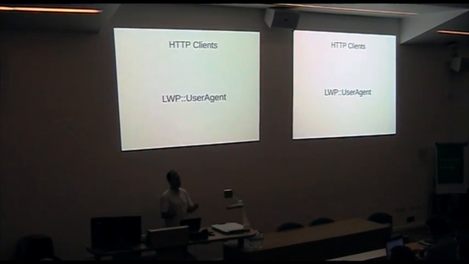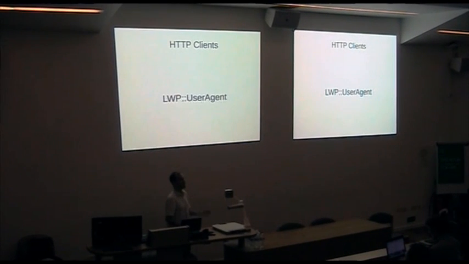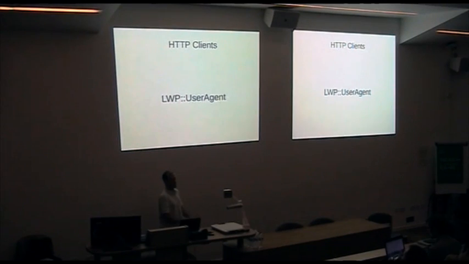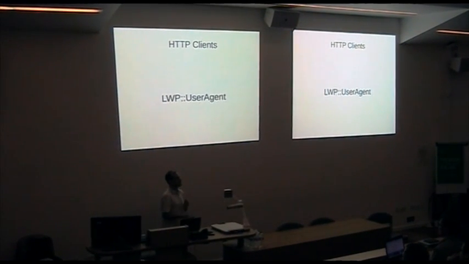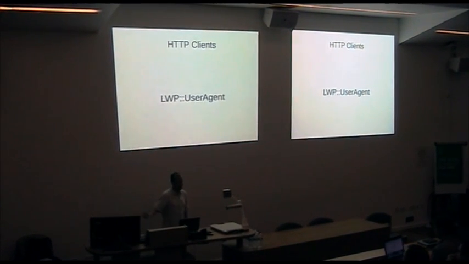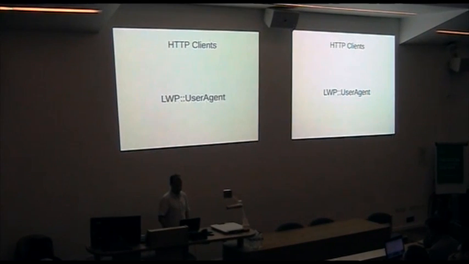But again, going back to the HTTP being the hypertext transfer protocol, LWP dates from the days when web services didn't exist. It was a hypertext transfer protocol. And so LWP has evolved, but you will notice some kind of quirky things in there, and there's a few gotchas that I'll come to in the general advice section of this talk.